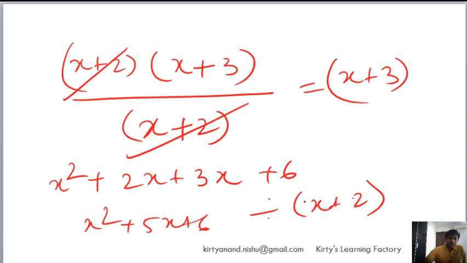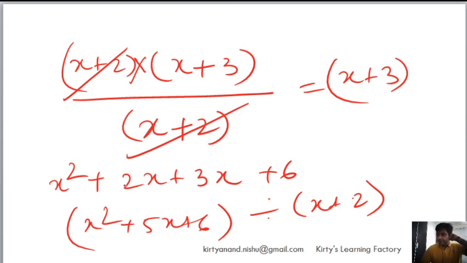So in order for you to be able to divide, you will need factorization of algebraic expressions. For now, just understand that if you already have it in terms of factors like this, then you can simply divide and take out the factors.